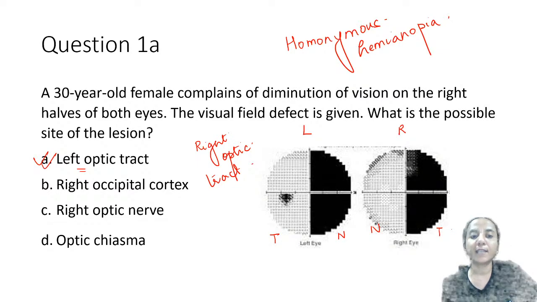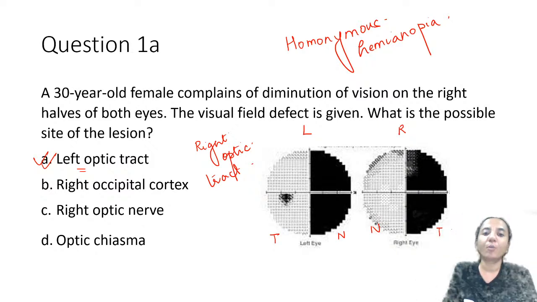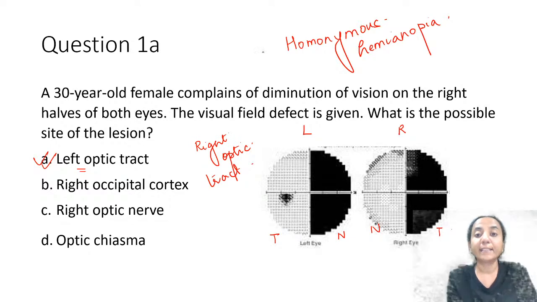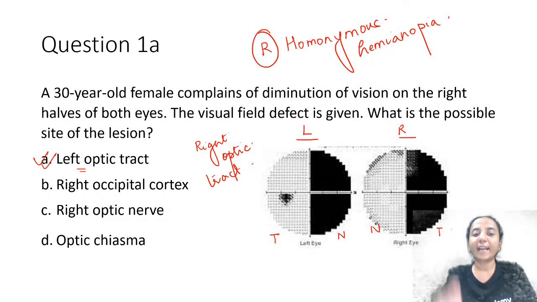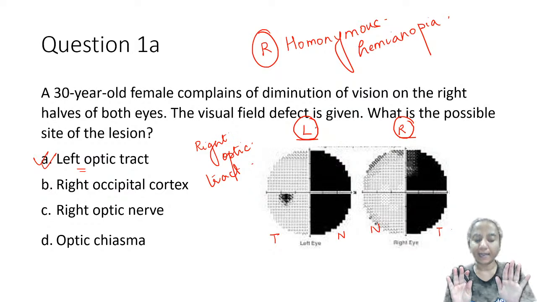So look at this picture and tell me, is it a right homonymous hemianopia or a left homonymous hemianopia? Correct. This is to be called a right homonymous hemianopia. Because first of all, you need to understand that this is the field of the right eye and this is the field of the left eye. The right and left are according to your own right hand and left hand.